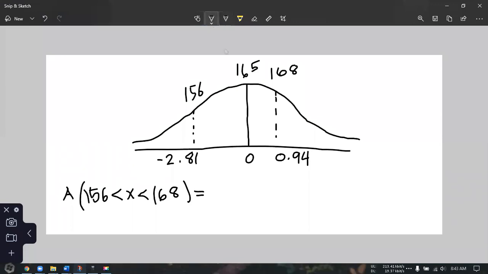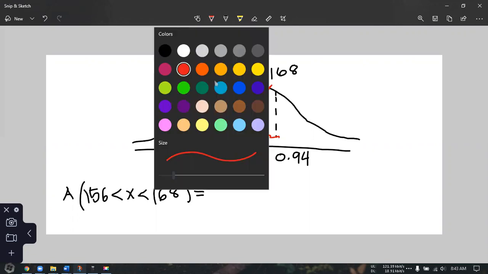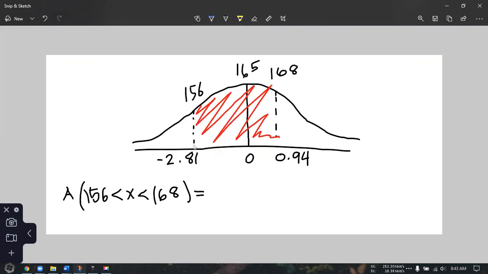And we should be shading 156 to 168. Using the table, find the area from 156 to 165, right?